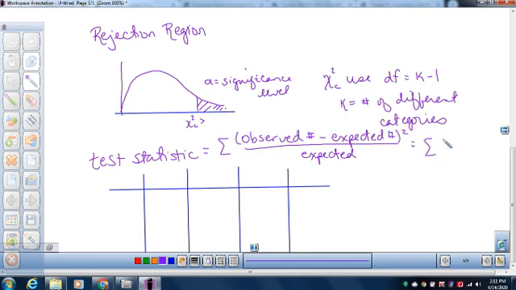So you'll see it written as the sum of O minus E squared over E.